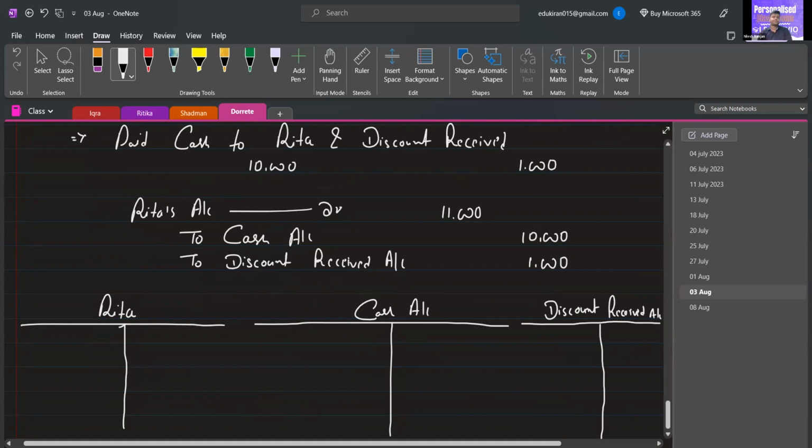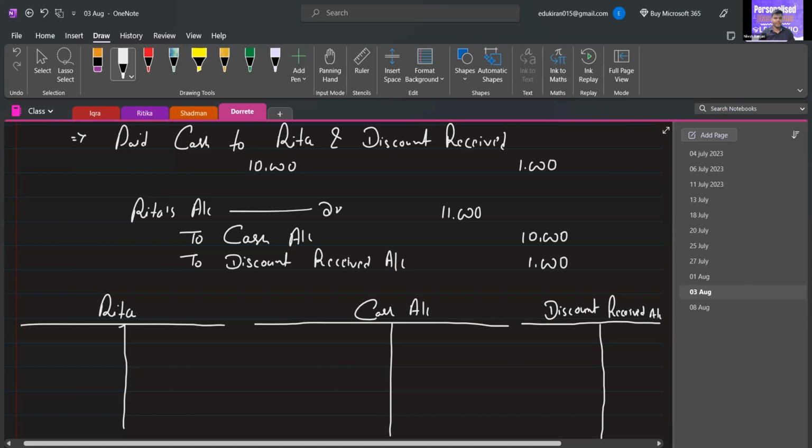Now, in Rita account, tell me how we will post this entry into Rita. On the debit side, we will write cash account.